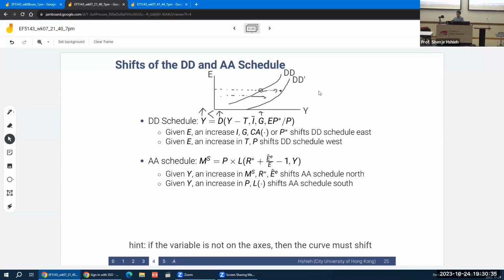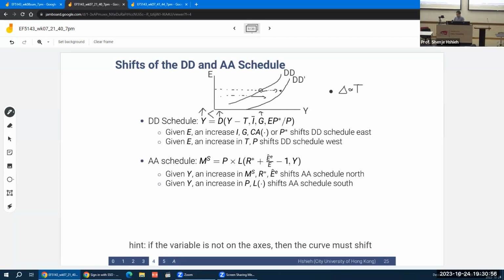So sometimes I'll write delta T. I forget which parameter I use. Alpha T. So alpha T indicates the amount of taxes cut that's not saved. Okay, so that's gonna boost consumption.